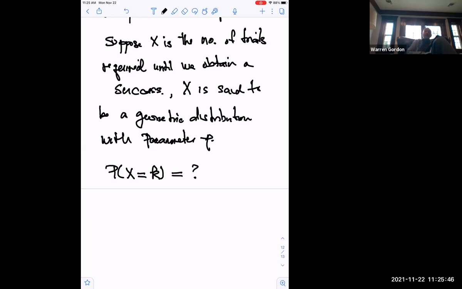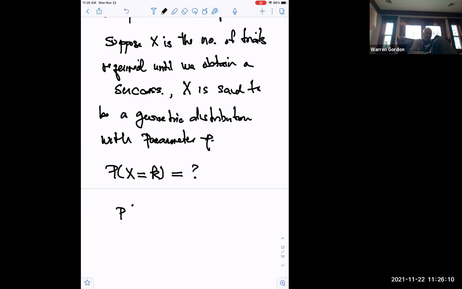What's the probability that it takes exactly K trials to get the first success? That's the question. Well, if it takes K trials to get the first success, what happened in the first K minus 1 trials? There must have been failure.